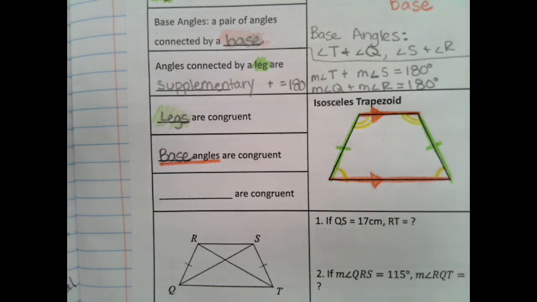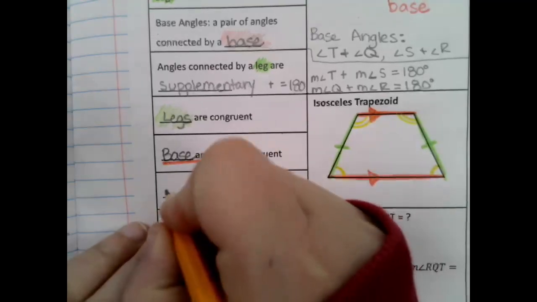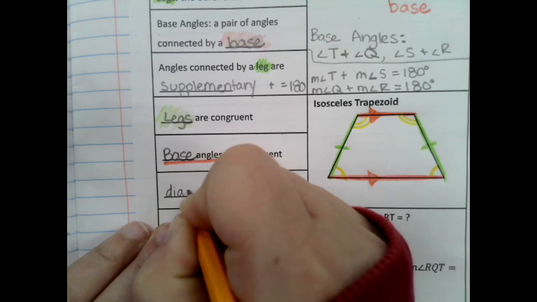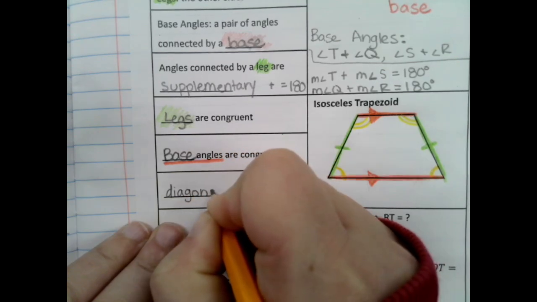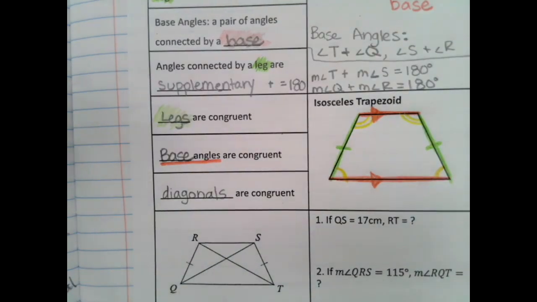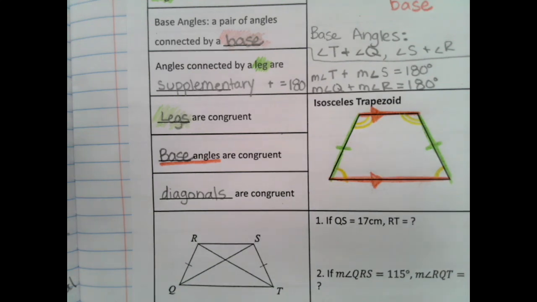Okay, and then the last thing that we know specifically about an isosceles trapezoid is that diagonals are congruent. Diagonals are congruent. Remember, diagonals means that it goes on the outside or through the inside.